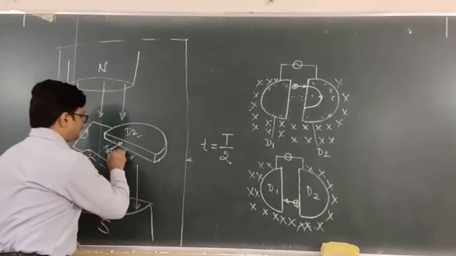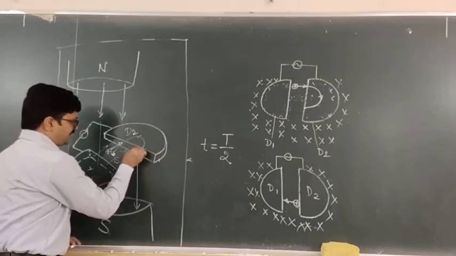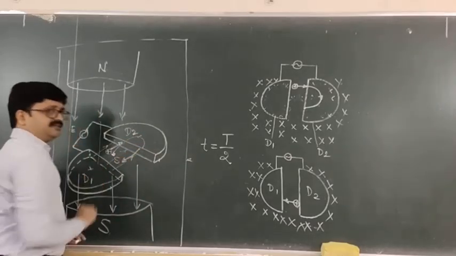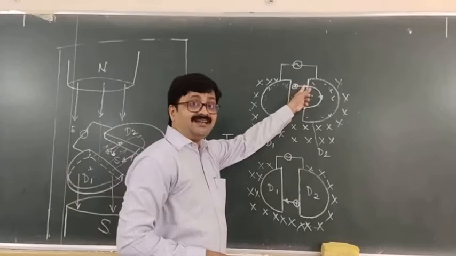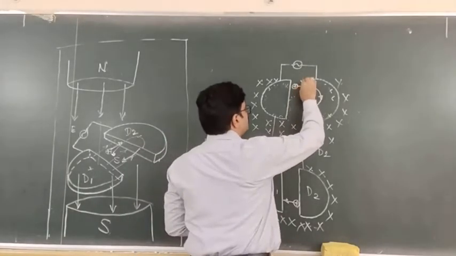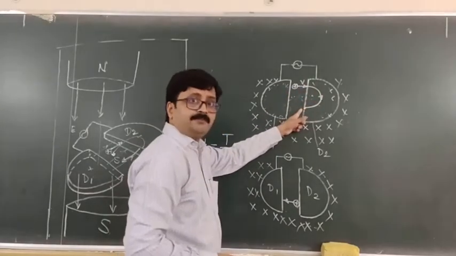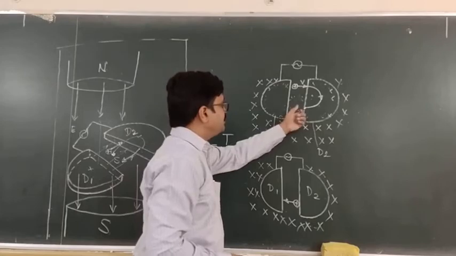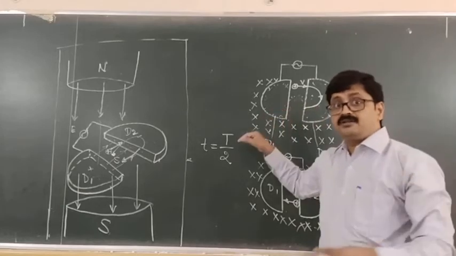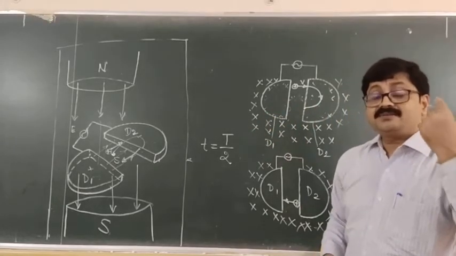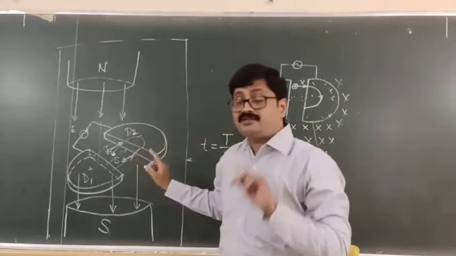When it comes out, its speed, say suppose the speed which was gained initially was v, is maintained, and this charged particle comes out with that same speed, because circular motion has constant velocity or constant speed. So it comes out of this D2 with constant speed.